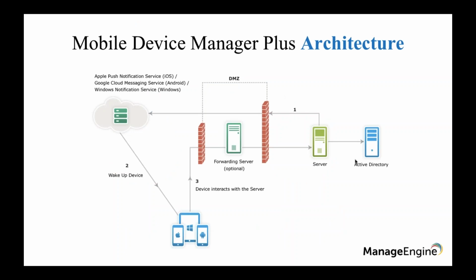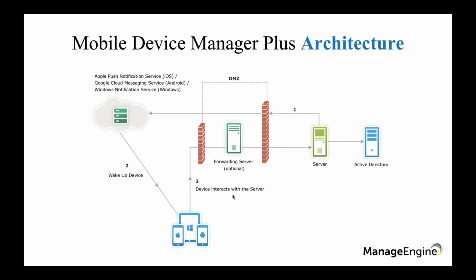It consists of 3 main components: the server, the notification services, and the devices to be managed. The server uses these notification services like APNS, GCM, and WNS to wake these devices. These devices then contact the server for tasks and information that is required.